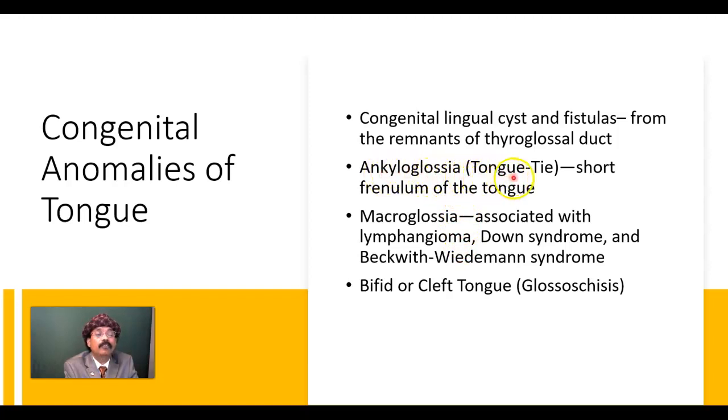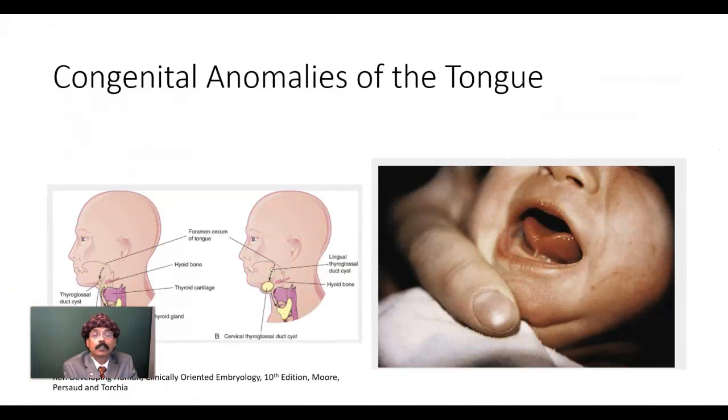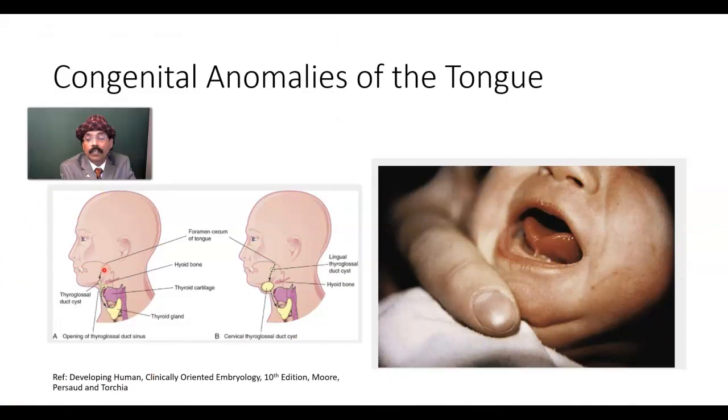Ankyloglossia, as we just discussed, is when the tongue is almost fixed to the floor of the mouth, so the person cannot protrude the tongue because of the tongue tie. Okay, so this is the short frenulum. Here the thyroid gland descends this way.